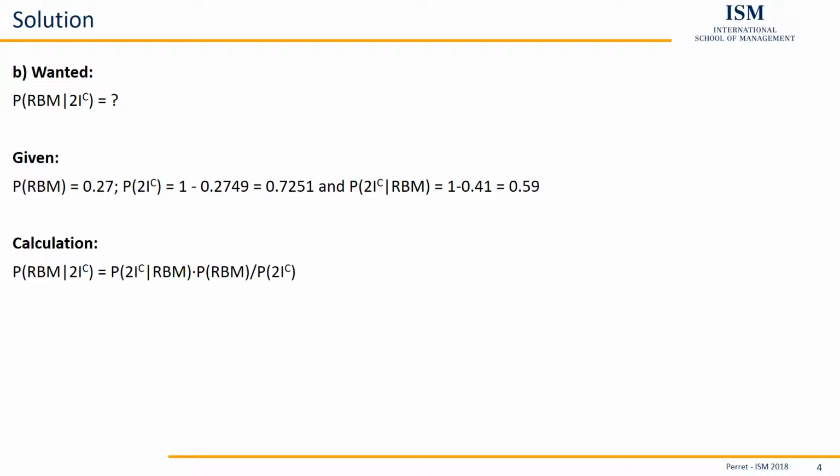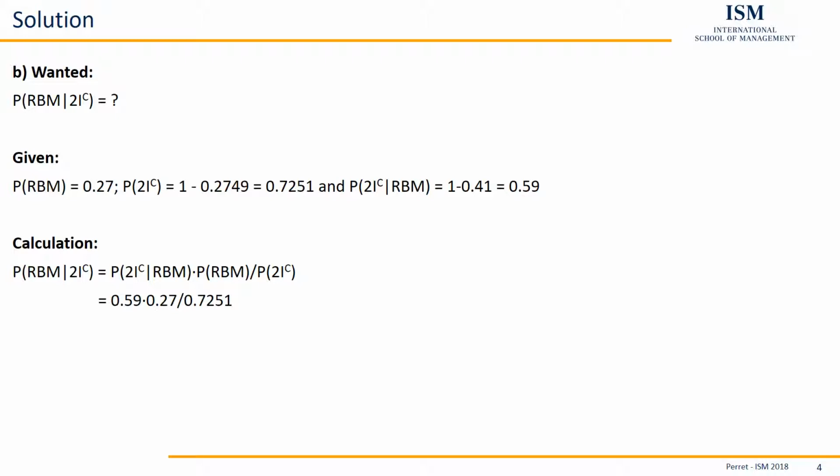The formula for this would look as follows, and we see we have all the 3 values we need. The first one is the conditional probability of 59% times the probability of someone studying RBM of 27%, divided by the probability of someone having 2 or less internships, which we calculated above, of 72.51%.